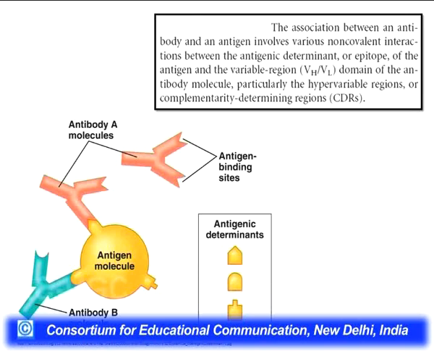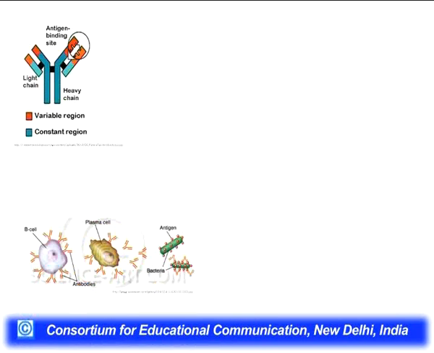The association between antigen and antibody involves various non-covalent interactions, and the major regions involved in the antibody are the N-terminal variable regions, while in the case of antigens the epitopes are involved. These reactions depend on non-covalent interactions and on a number of other factors.